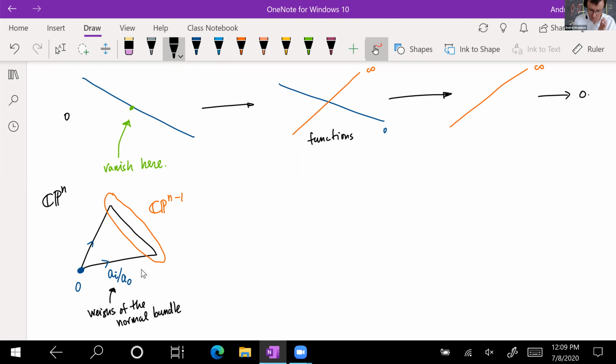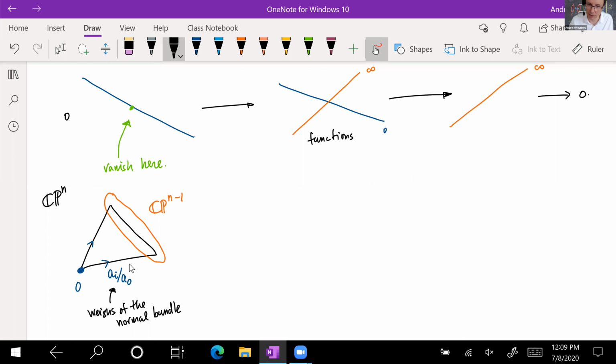If I take this cell decomposition, it means I want to glue CP^n and the Thom space of this normal bundle.